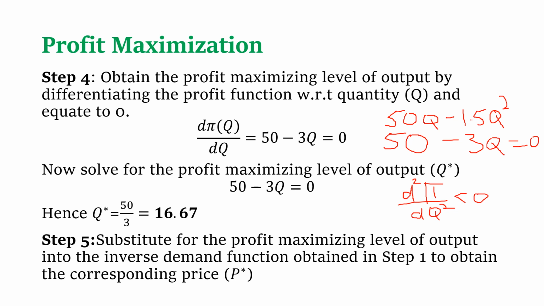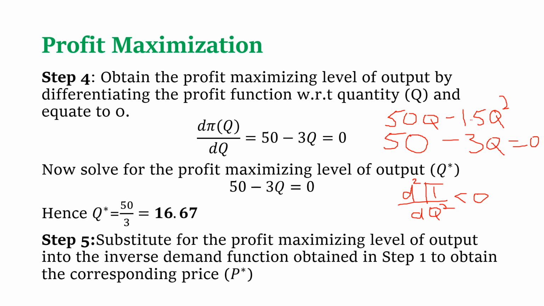Now this is just by saying, let us find the first derivative of the function. The first derivative is d pi by dq, and then the second derivative is to differentiate that first derivative. If we do that, we have 50 minus 3q, right? And that second order derivative becomes what? Again, you differentiate with respect to q.